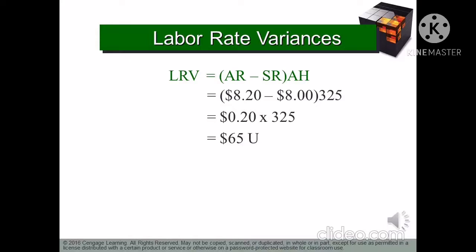All of this information is from the previous slide, where you can look at the standard cost sheet and the price and quantity variance from material variance, which we learned before. So the actual rate here is $8.20 minus $8, then multiplied by actual hours, which is 325. So the final answer will be $65.